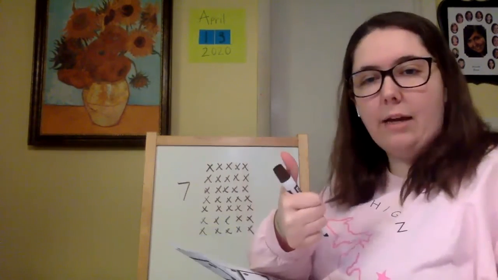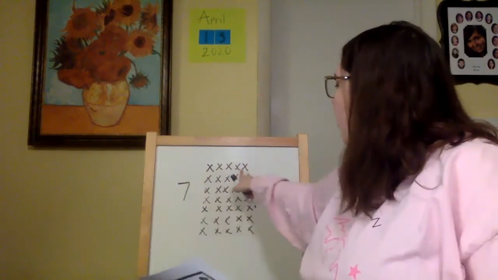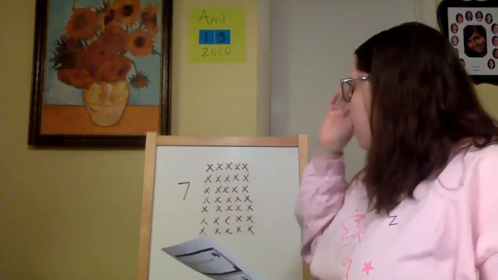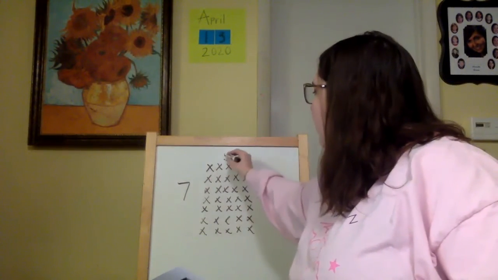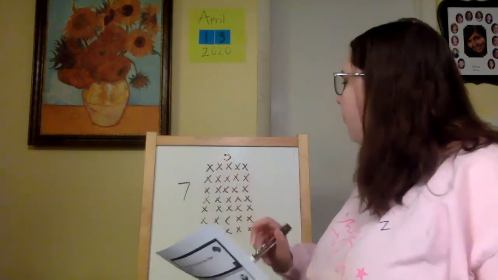Those are my 7 rows. I got it. And everyone has 5. So there are 7, and then 5 goes here because there are 5 in each row.